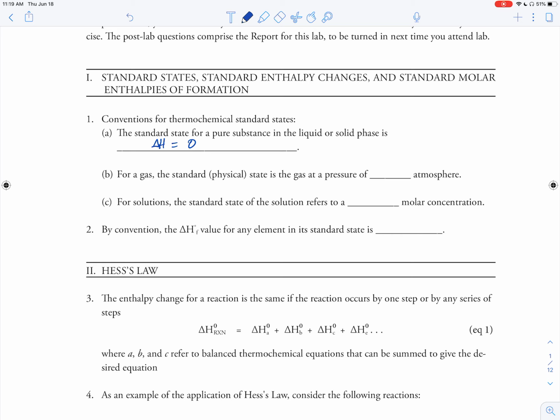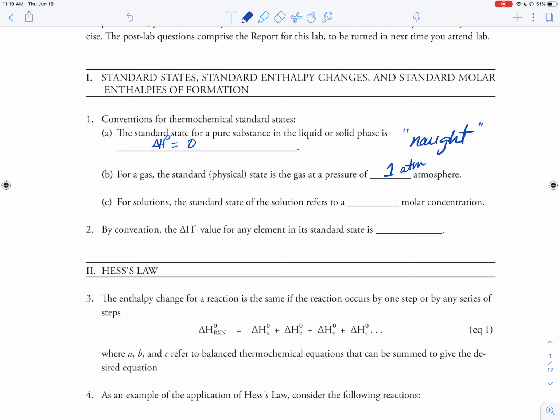We use a 0 that's superscripted, and we say "naught," N-A-U-G-H-T, to refer to that value. So I would say delta H naught equals 0. For a gas, the standard state has to be at 1 atmosphere of pressure, or 1 atm.